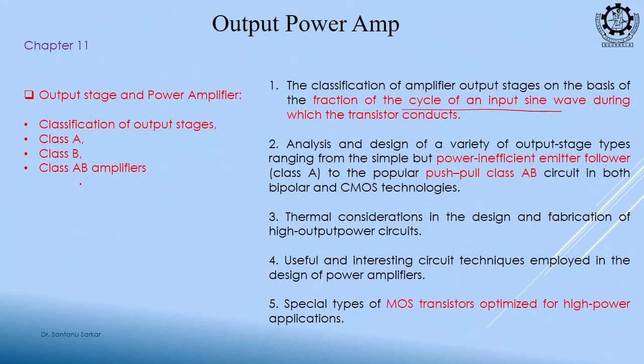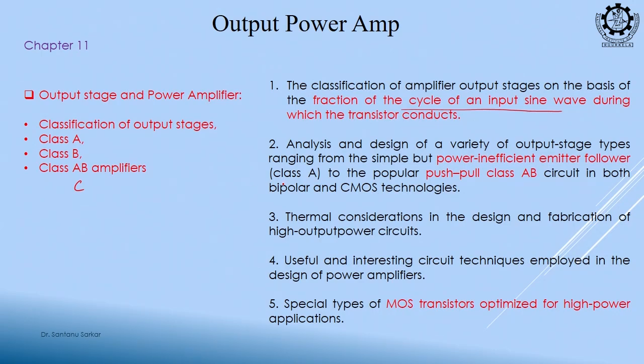And we are having class A, class B, class AB and class C. In this chapter we will be discussing A, B and AB. C we will just introduce, but we will not discuss in details.